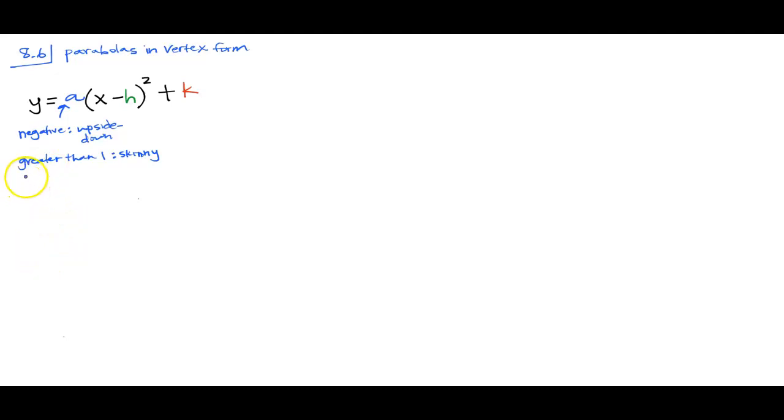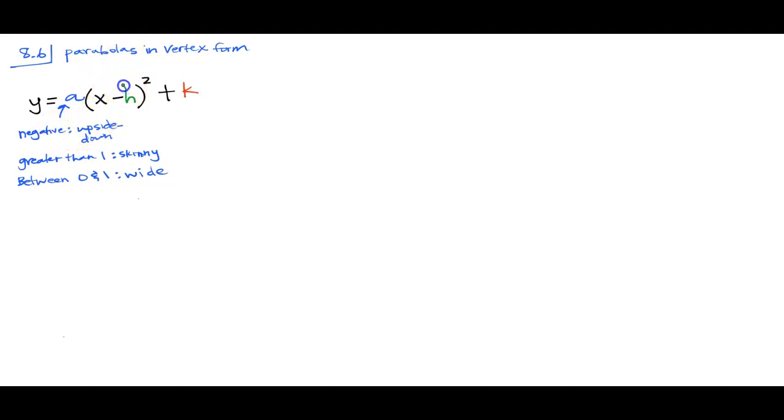And if it's between 0 and 1, then that means it's going to be a wide parabola. Okay, so those are just different things that a is doing to it.